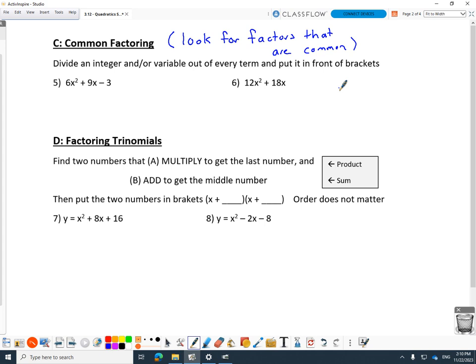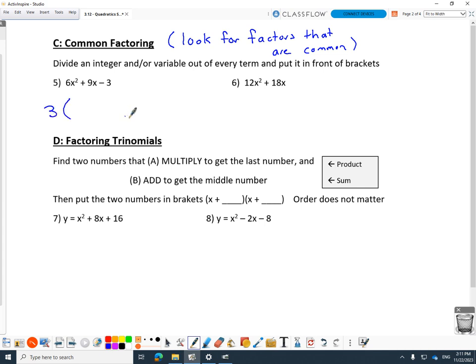Look for things that divide into all of them. We're looking for a number that divides into 6, 9, and 3. If you're really bad at this, start with the smallest number and see if that's the one. See if 3 divides into all these. Does 3 divide into 6? Yeah. Does 3 divide into 9? Does 3 divide into 3? Well, 3 divides into 3. So put the 3 out front.